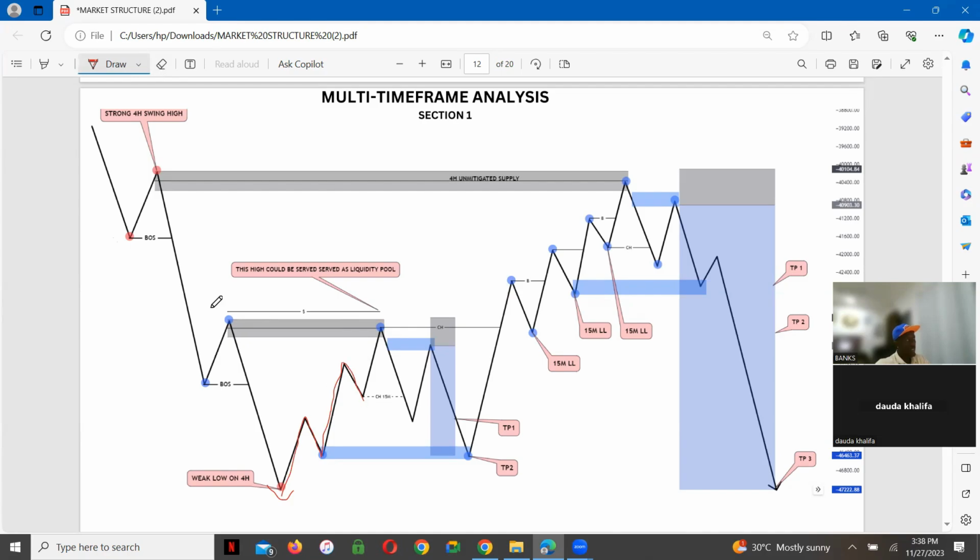You understand? This is our impulse move. So this is basically a correction or our pullback. The price came all the way up here, finally tapped into our supply zone, breaking this structure. But still, price is in an uptrend. You can't make any trading decisions. You understand that?